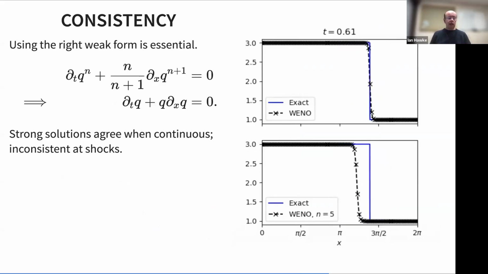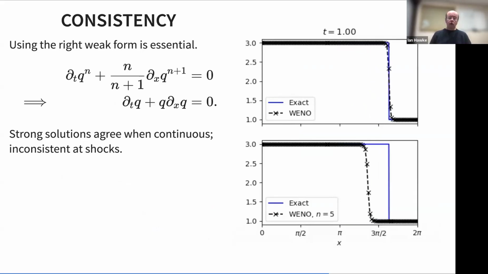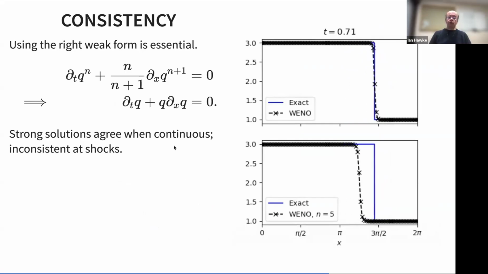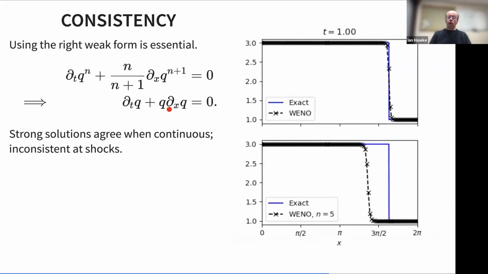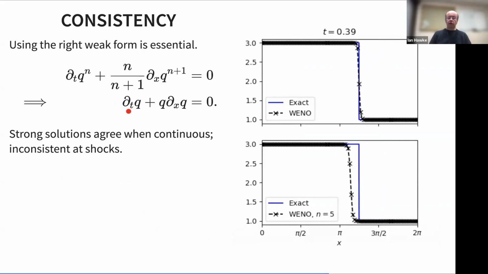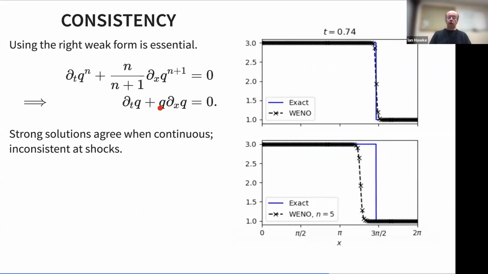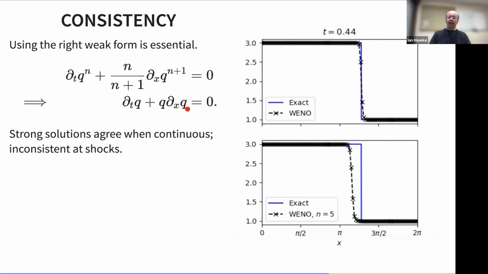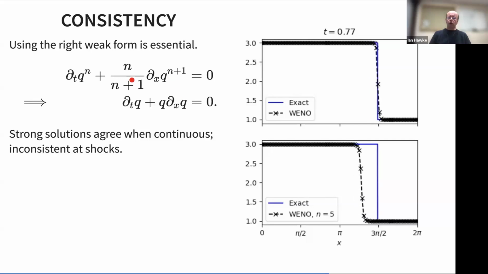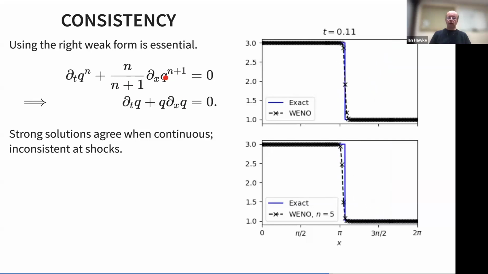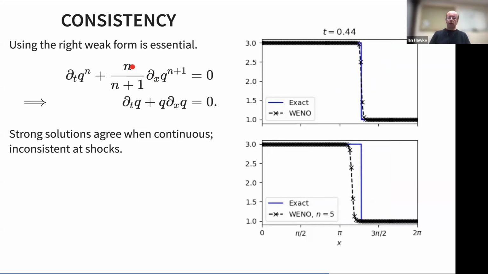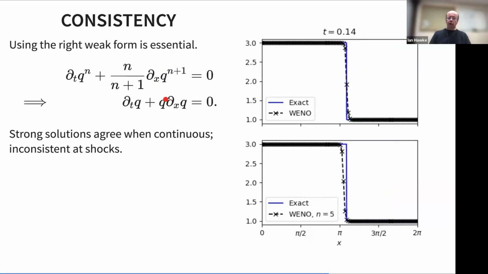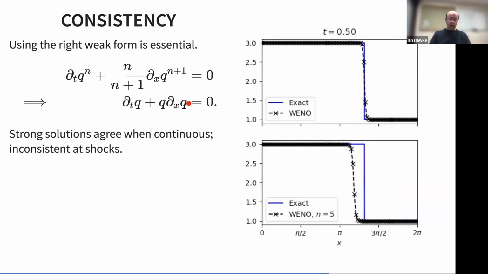The emphasis here and through much of the literature is on conservation law forms or balance law forms. And the reason for that is that if you start with a non-conservative form like this, so this is Burgers' equation, d_t q plus q d_x q equals 0, then that is equivalent to an infinite number of conserved forms like this. So if I pick any n that's not 0 or -1, then this equation here is equivalent to this equation here.